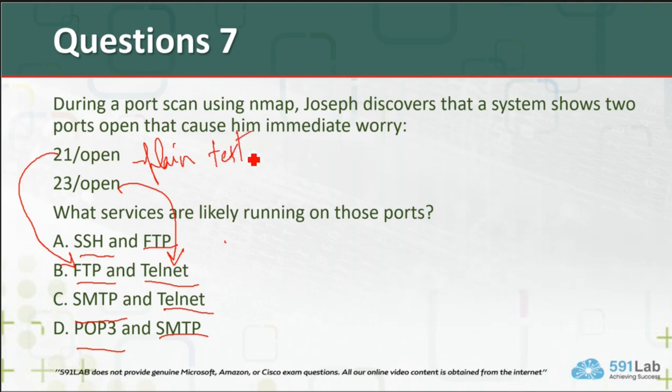So everyone who has access to the connection can check or take a copy of anything that you're sending over port 21. And Telnet also allows you to control a specific machine remotely. So of course these ports provide constant worry, or immediate worry, if they have been left open.